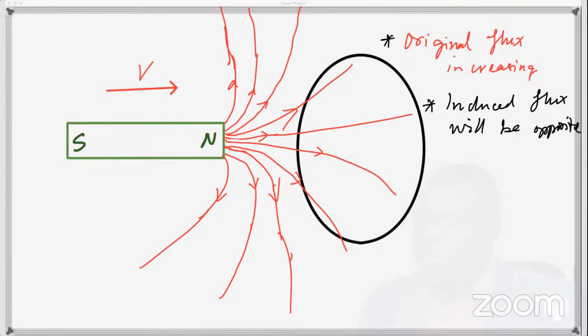right? So that means if the original flux is going to the right, from left to right, the induced flux will go opposite, will go against the original flux. It will go from right to left. So you have flux coming this way.